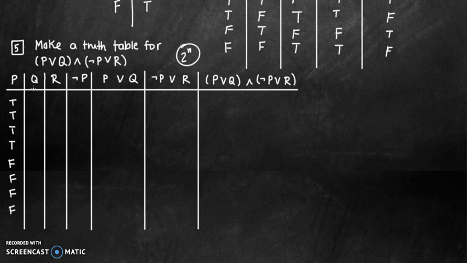For the second column, you're going to have alternating pairs of trues and falses. So we're going to have a pair of truths, then a pair of falses, a pair of truths, and then a pair of falses. And then the last column is alternating at each step. So it's going to be true, false, true, false.